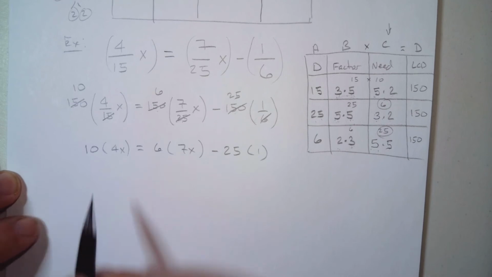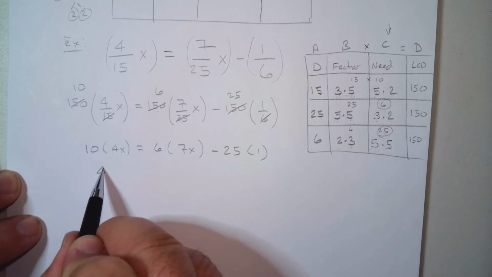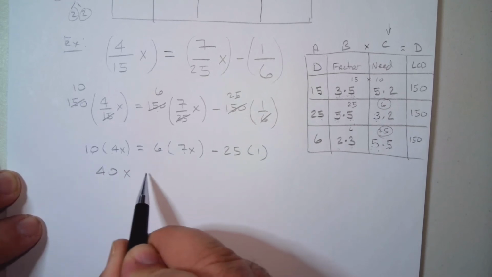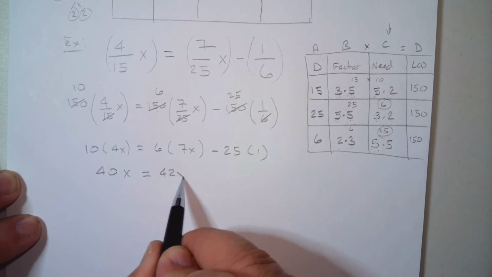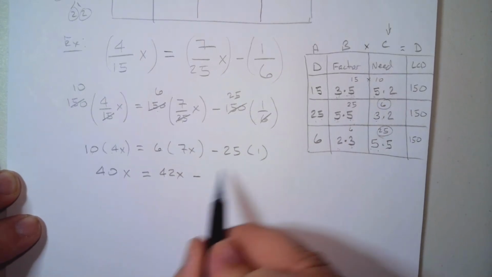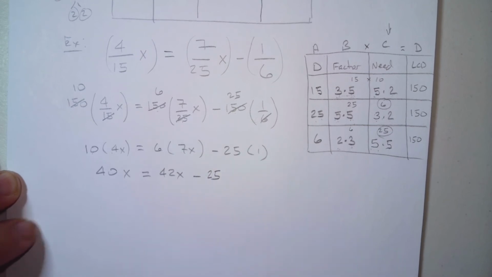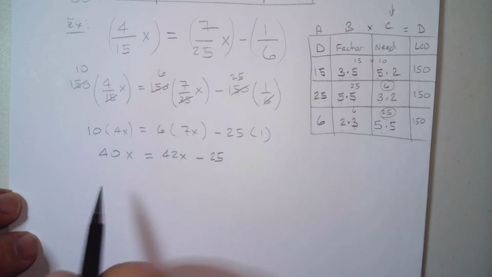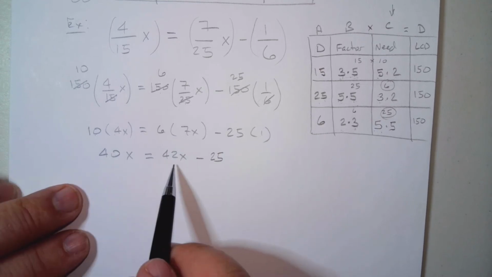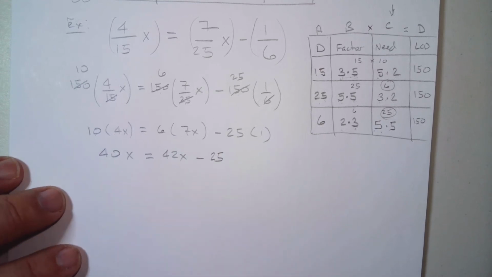Now we go ahead and solve. 10 times 4 is 40x. 6 times 7 is 42x. 25 times 1. Now we solve. Remember, always move the smaller to the larger.